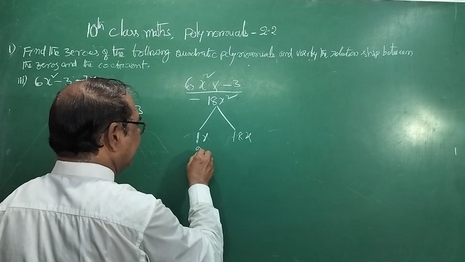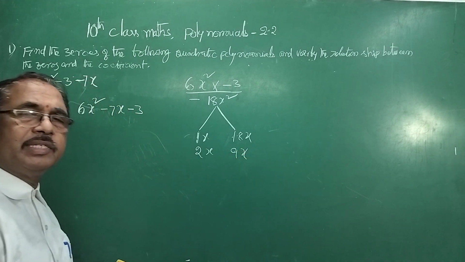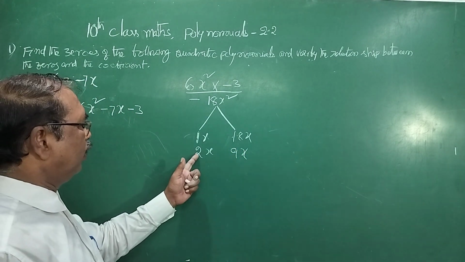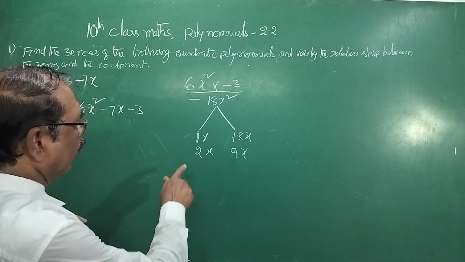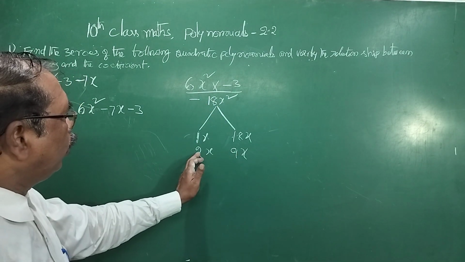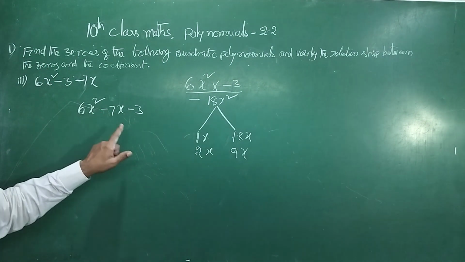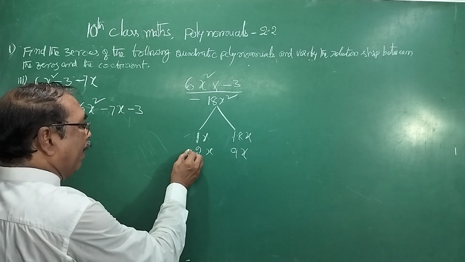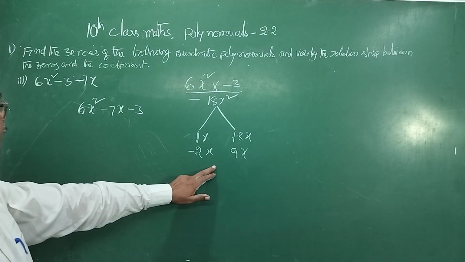Next, let us take 2x into 9x. Next factors are these: 2 into 9 is 18, x into x square. Let us add it: 2 plus 9 is 11, but we need 7x. Let us do minus: 2 into 9, yes, 7x.